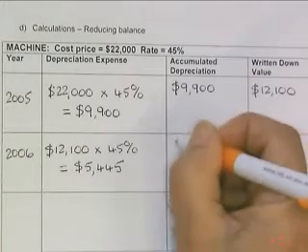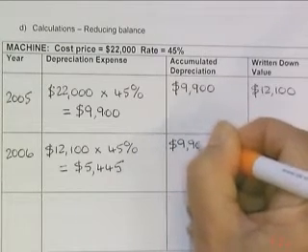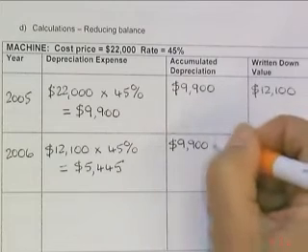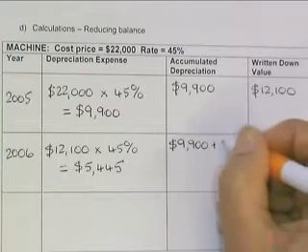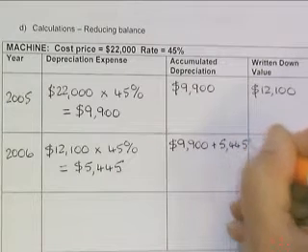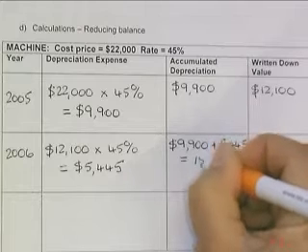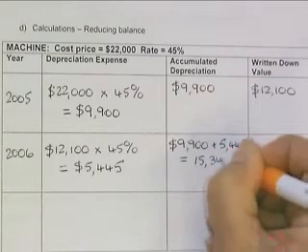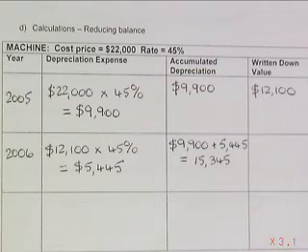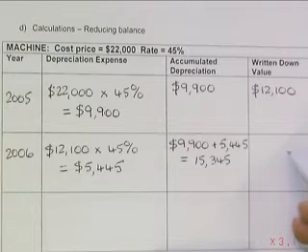So accumulated depreciation, if we looked at that account, is now going to be a total of 9,900 and 5,445, which is equal to $15,345. That would be the balance of that account at the end of year 2.